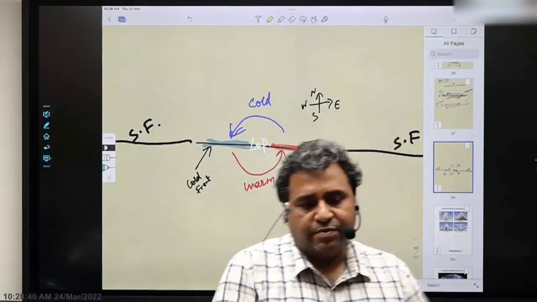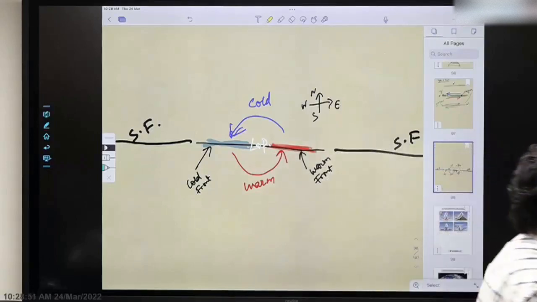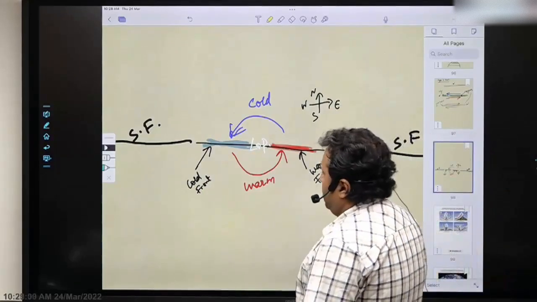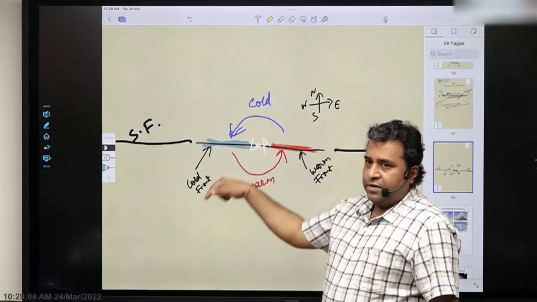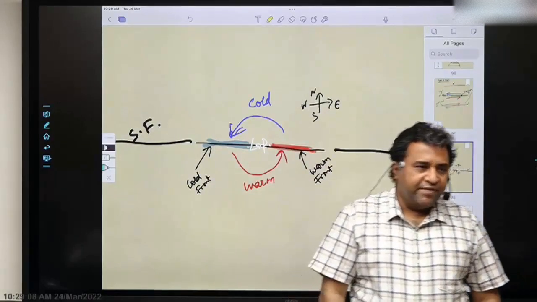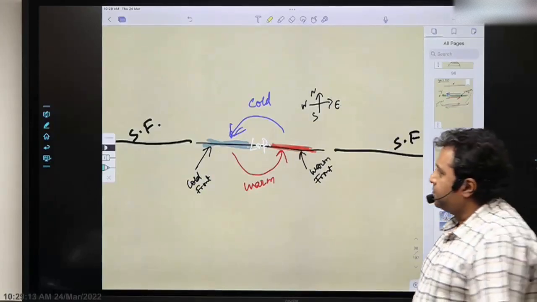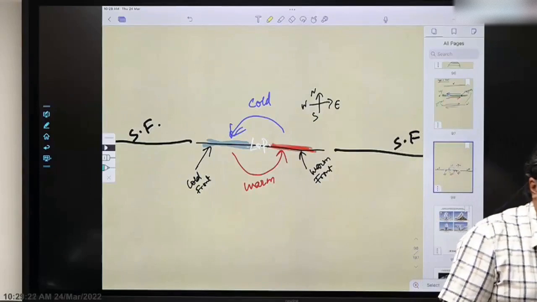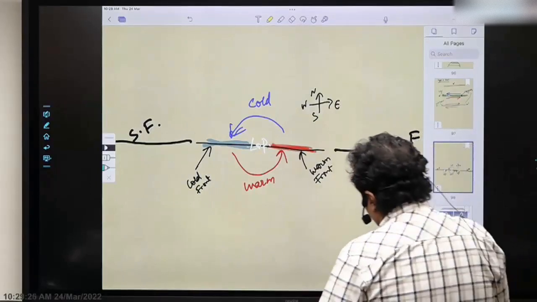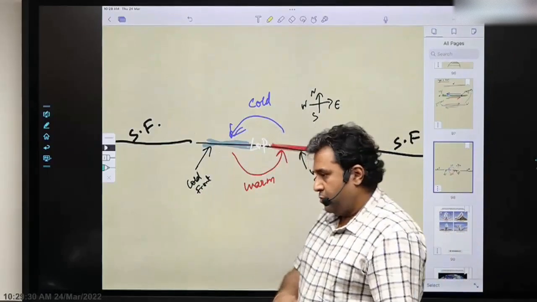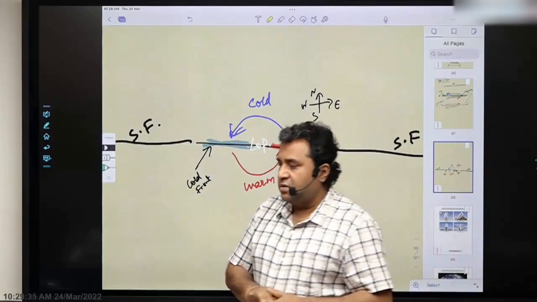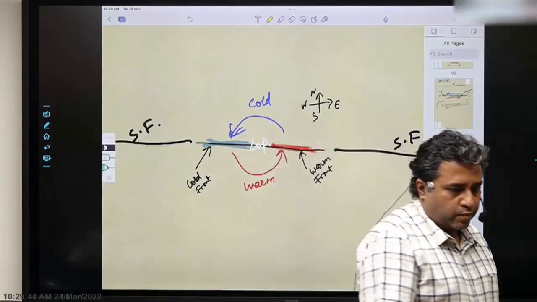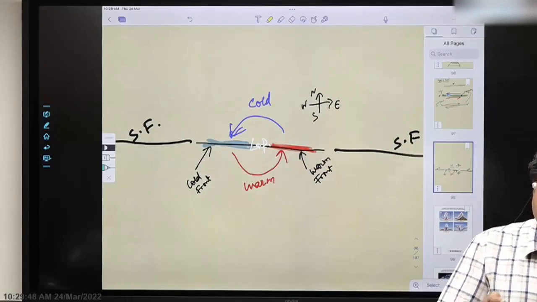On the west part of the low pressure created, the cold air pushes the stationary front into the warm air mass, and this moving front is known as cold front, because it is being pushed by cold air mass.